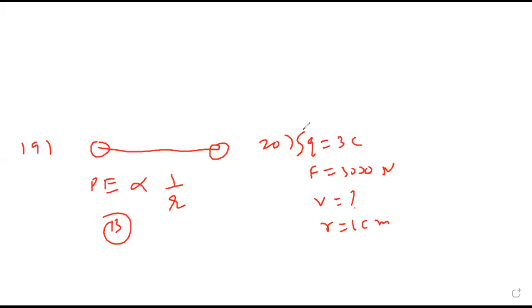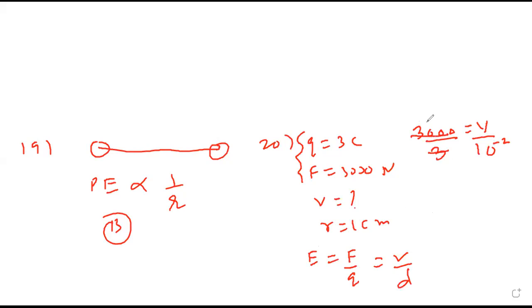Now from F and Q, I can get E. E is force upon Q, which is same as V upon distance, which you remember we have written this formula. So F is 3000 upon 3 coulomb. Distance is 1 centimeter, so 10 raised to minus 2 meter. This is 1000. So V equals 10 volt. Option A.